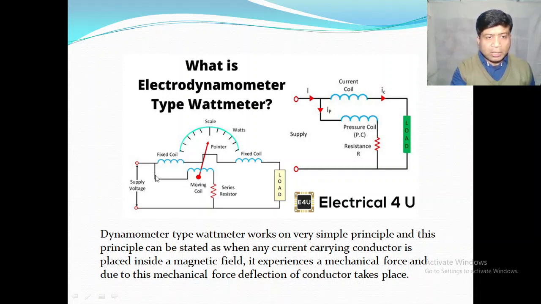the current coil carries the current which is in addition to the load current. Means the fixed coil carries the current of the load as well as of the moving coil. Both of these currents combine to form the current in the fixed coil.